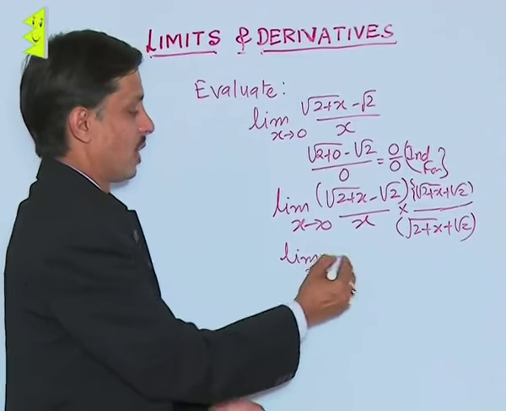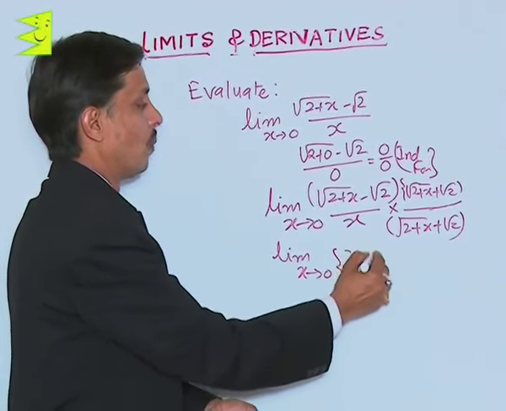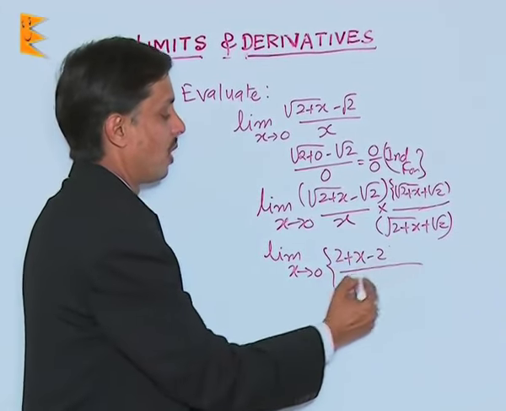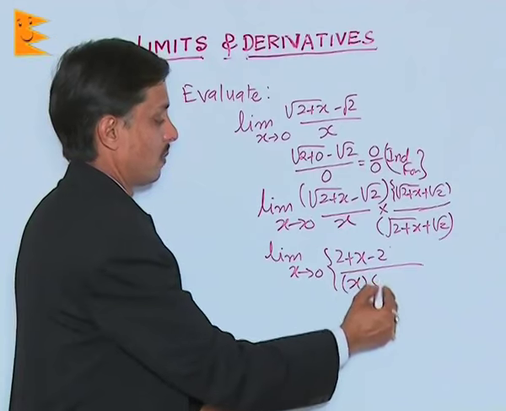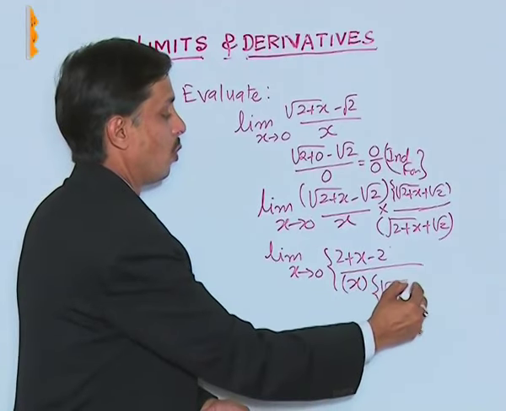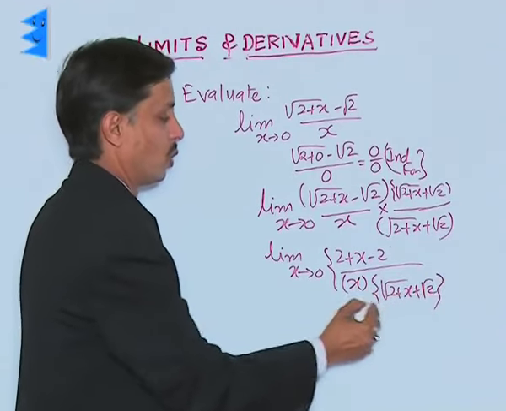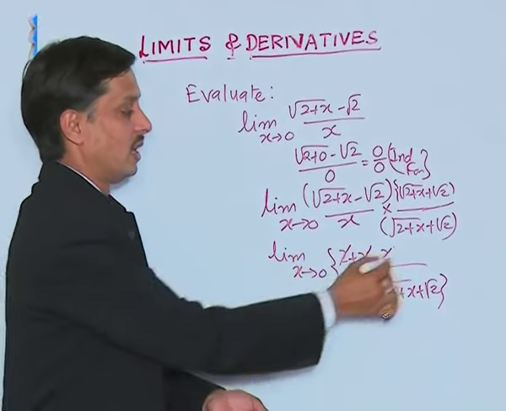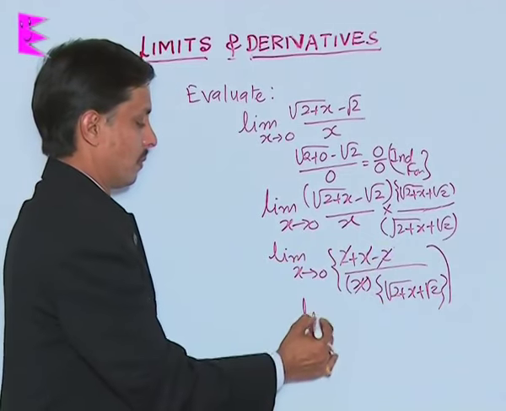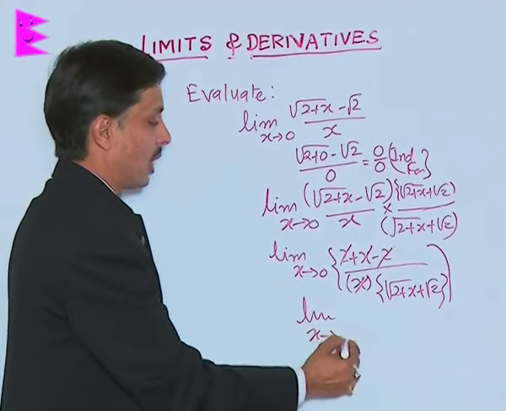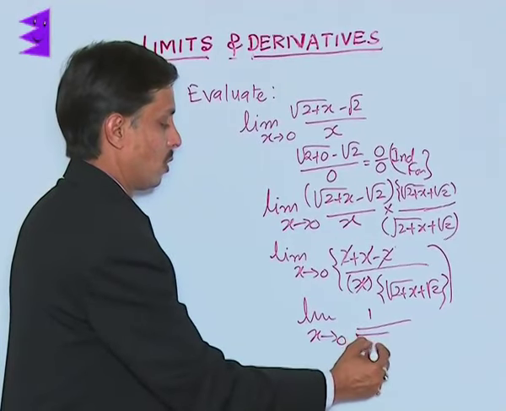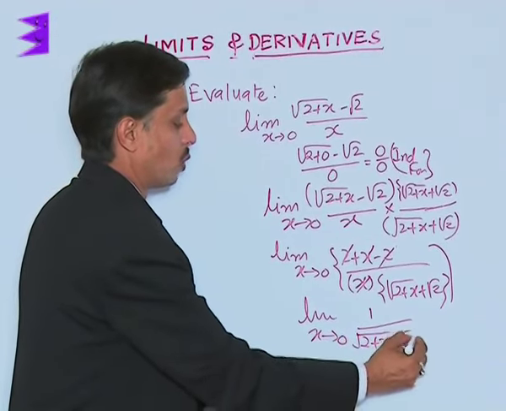This becomes limit x tending to 0, (2 plus x minus 2) upon x times (root of 2 plus x plus root 2). 2 and 2 get cancelled, x and x get cancelled. What we will obtain is limit x tending to 0, 1 upon (root of 2 plus x plus root 2).